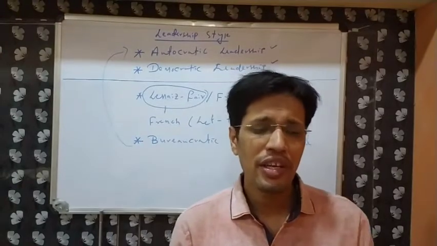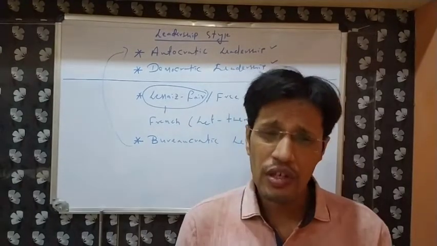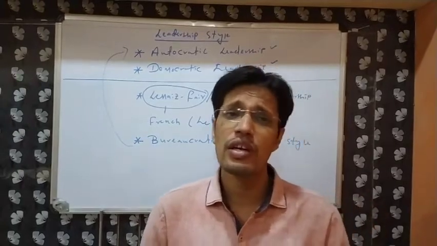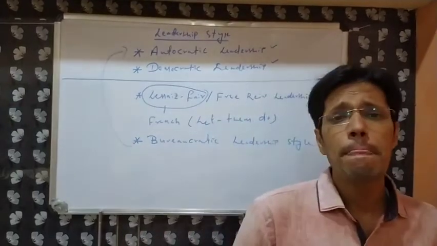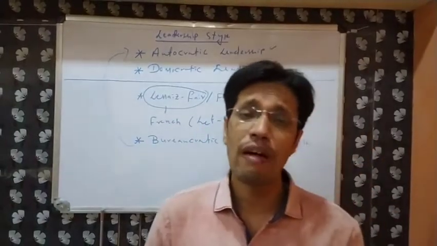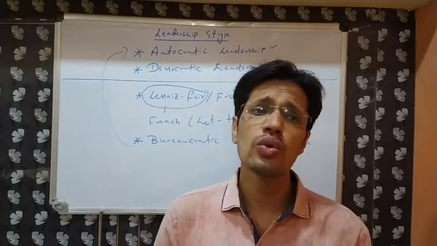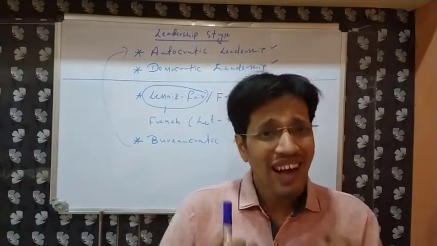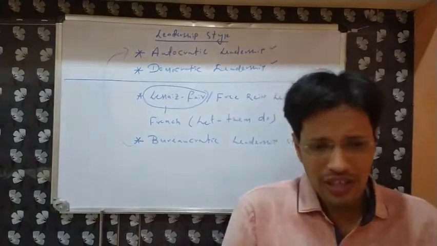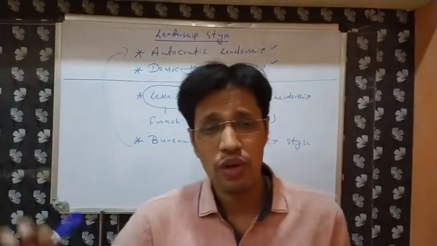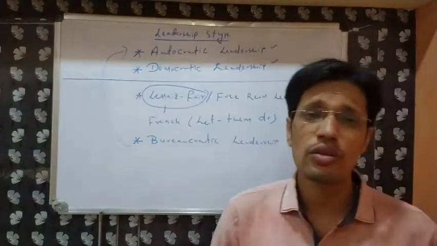The organization offers certain power and authority to the leaders, and within that power and authority, they try to execute the task in order to achieve the target and goal.